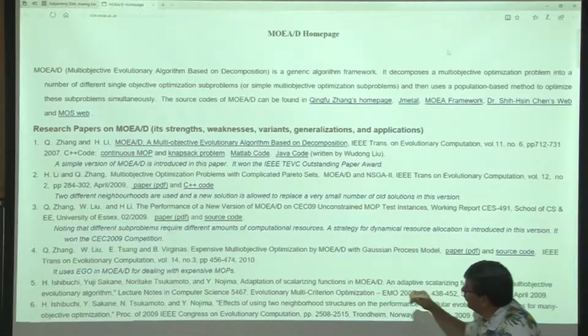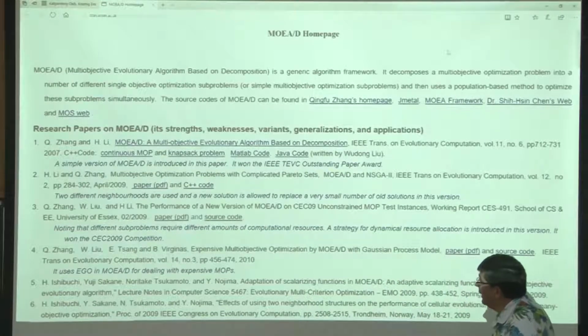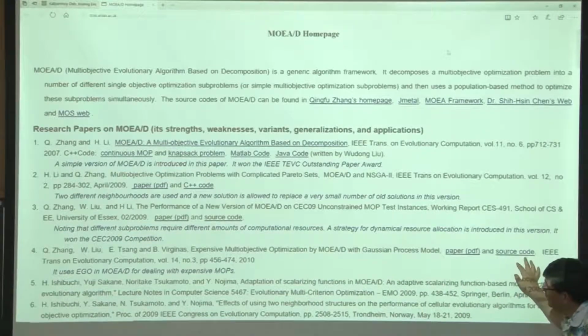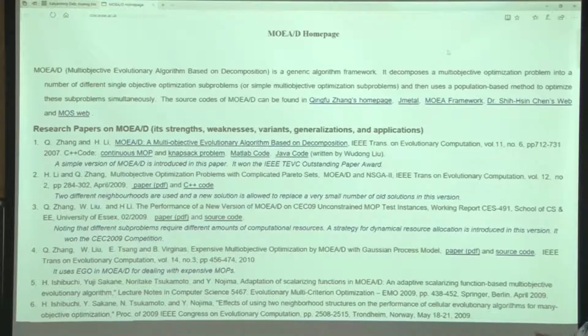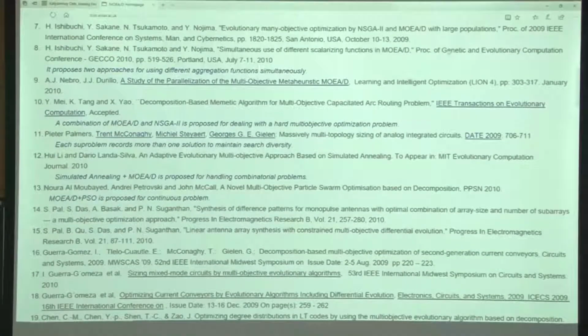This is the version that won the competition in 2009. And for example, this one is for expensive objective functions. It uses Gaussian processes. That's surrogates. We will talk about surrogates towards the end. That one is also available. But there are many others. These are not the only versions of MOEA/D. He has quite a few others. It's a parallelization.